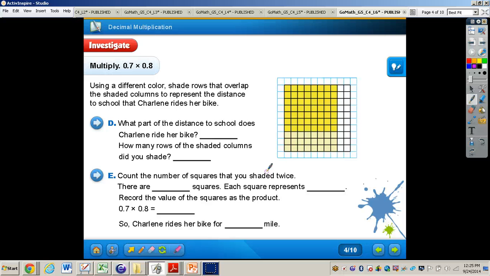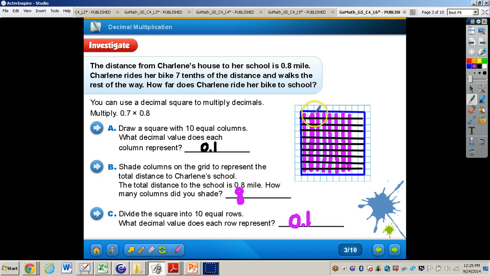Okay, so what we do is we have all of our shaded rows, for example. Now we know that she went 7/10. So what I am going to do, I'm just going to color over 7 of my rows. So 1, 2 of my shaded area of those rows, I should say. 3, 4, 5, 6, 7.